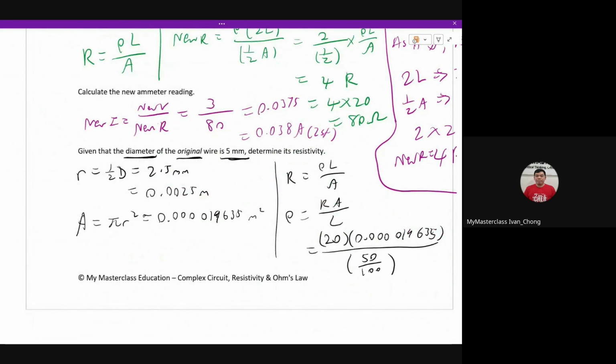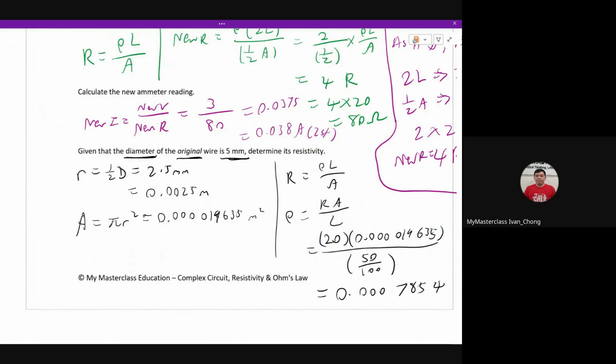Change it to meters. So 20 times 0.000019635, and we're going to divide the whole thing by 50 over 100. So you should end up with 0.123784.